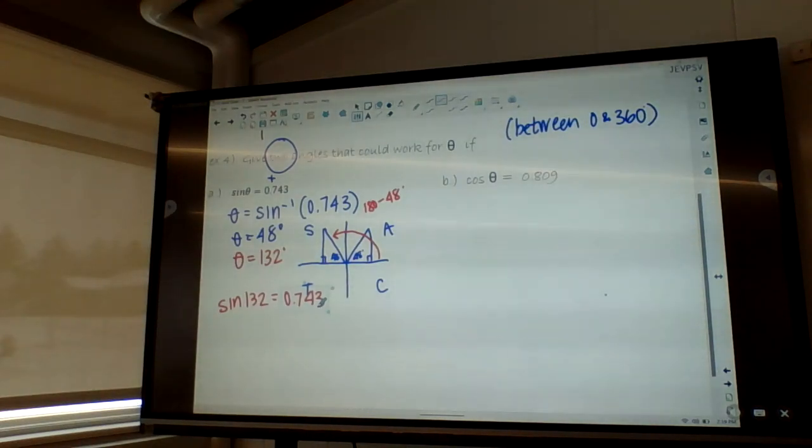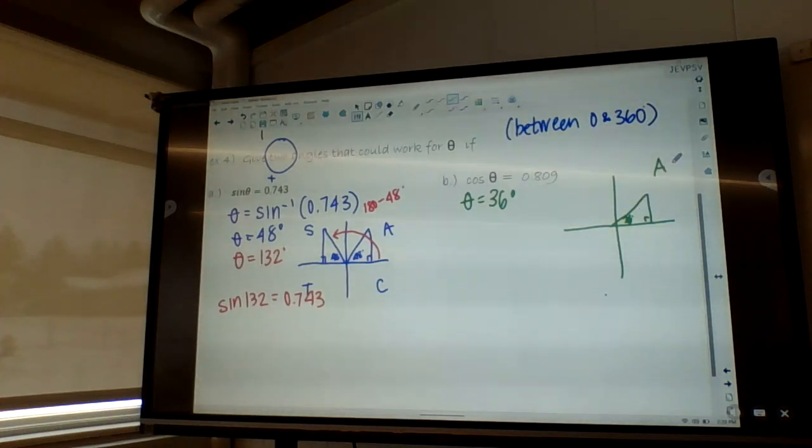So that was just 180 minus the other one? Not necessarily, no, because it depends which quadrant it's in. This is not going to be in the same quadrant this time. It just goes to the quadrant of the side it is.